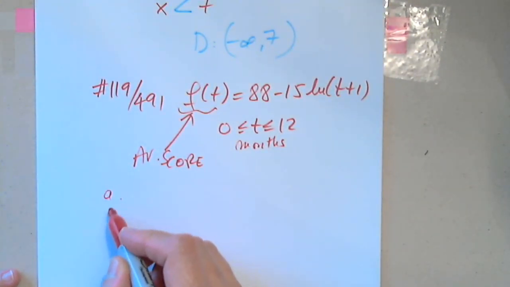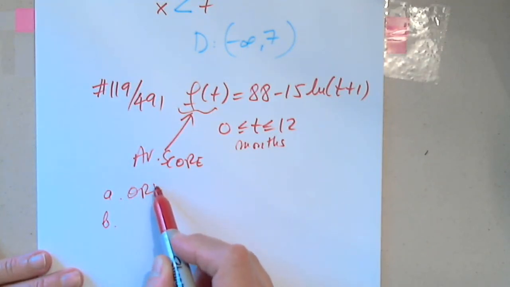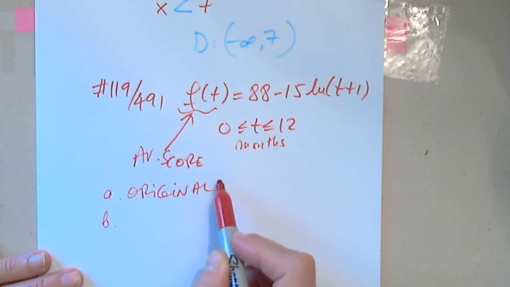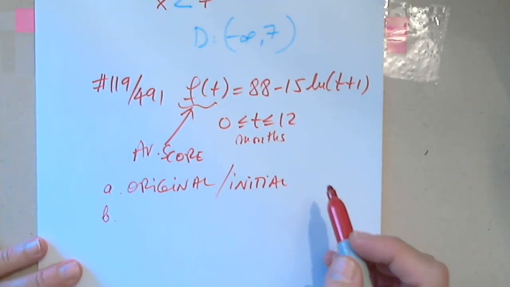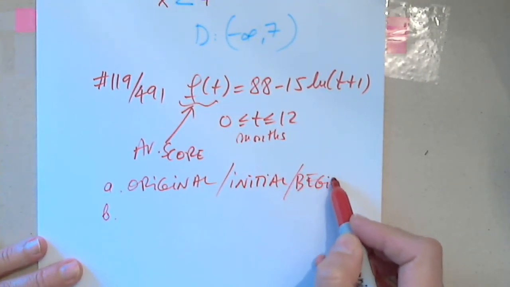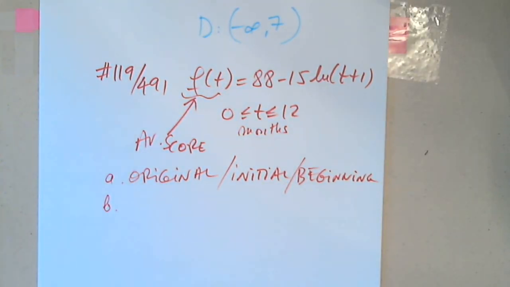Okay. So part A and B, whenever we are asked for original or initial or beginning, what are we asked to find? What was your age when you were born?